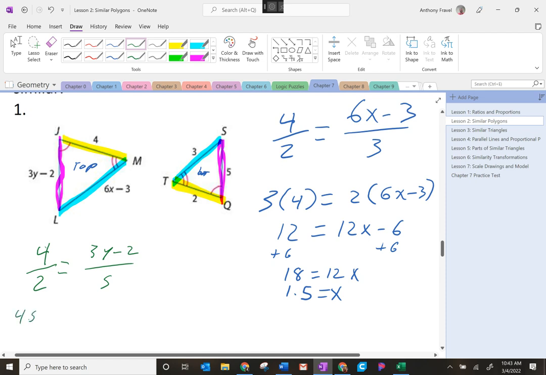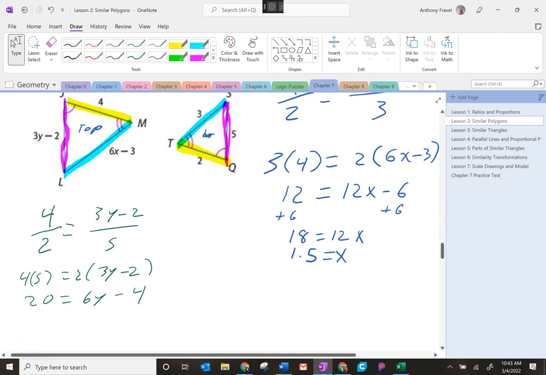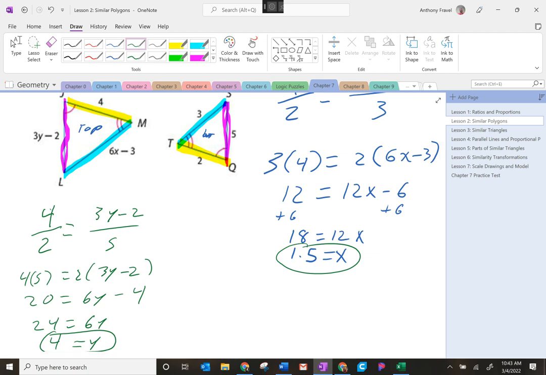I get 4 times 5 equals 2 times 3y minus 2. 20 equals 6y minus 4. Plus 4, I get 24 equals 6y. Divide both by 6, I get y equaling 4. Again, set it up with that same constant of proportionality, and you'll be able to work through and figure out what those missing variables are.